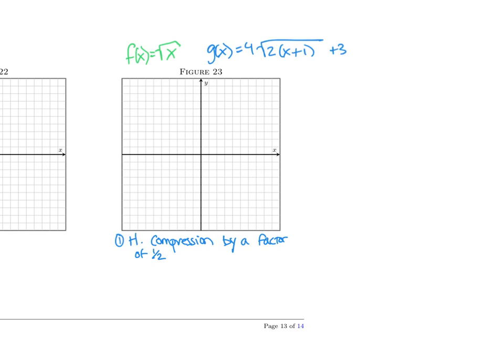So this here is our b value. So it's going to be 1 over that b value, so in this case 1 over 2.